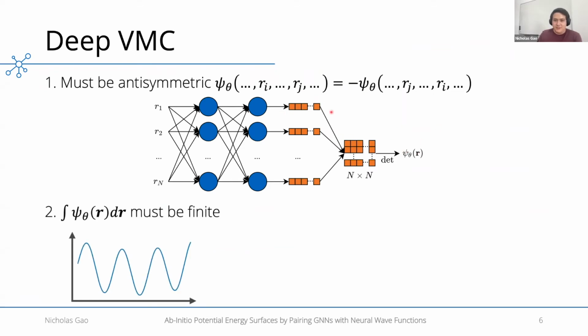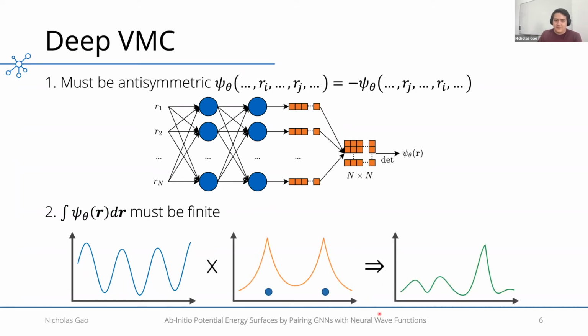The second property: because its square must define a probability distribution, its integral must be finite. If you imagine this being some wave function, then obviously its integral will not be finite. But we can quickly enforce this by using, for example, if these would be our electron positions, some exponentially decaying envelope. If you multiply these two, you get a function which will have a finite integral. So with these two tricks, we get a neural network which works great in the framework we just described.